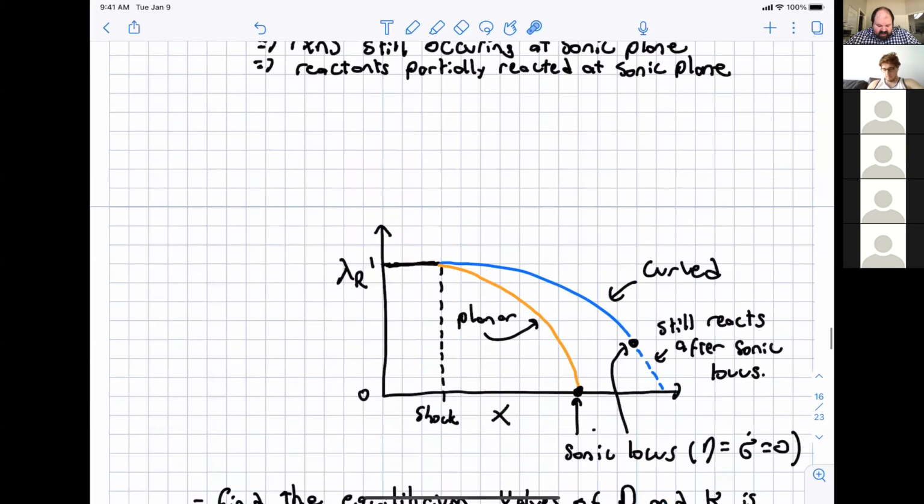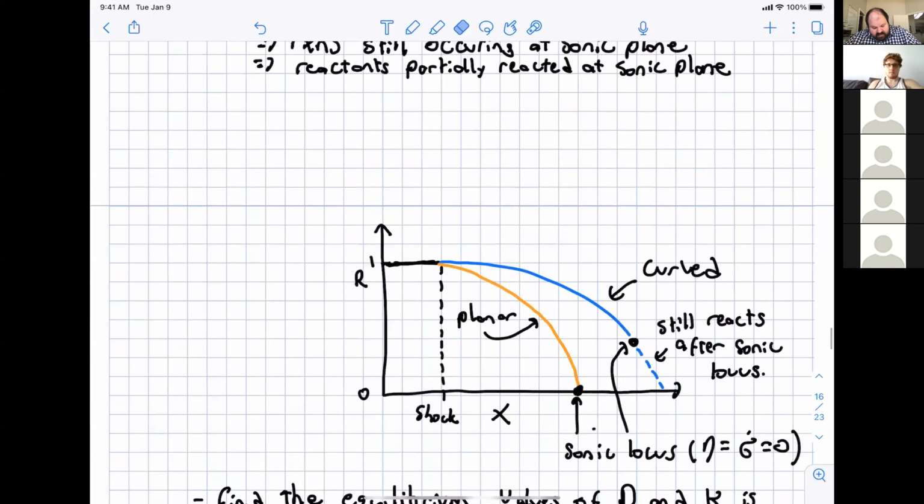Okay, and so if we plot, this should be y, the mass fraction of the reactants behind the detonation front, we have the shock here. And just prior to the shock, it's the pure reactant state. For the planar detonation, the change of mass fraction could look something like this for an explosive, or for a gas, it looks something more like this, more of an asymptote to 0.